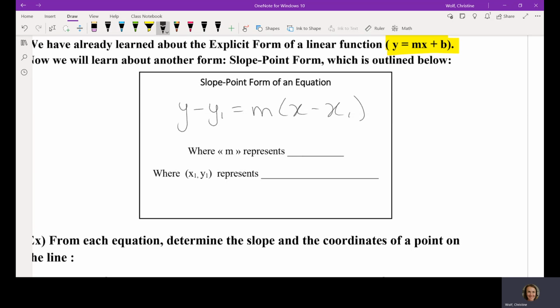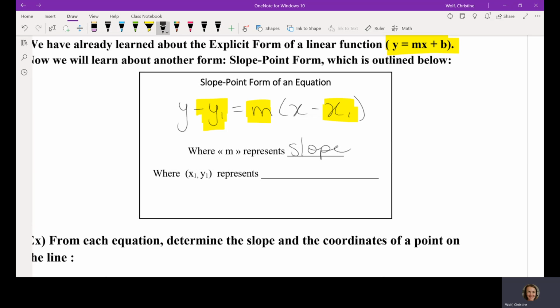When you actually see the equation of this form with numbers plugged in, there's going to be numbers in those 3 spots. The number at m will represent the slope, just like in the slope-intercept form. M is the slope.